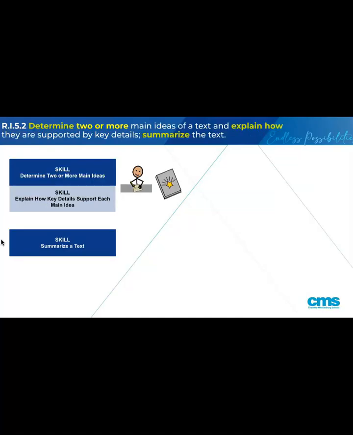Here's our standard at the top, and you'll notice that it's broken down into 3 skills, each needing explicit instruction. Skill 1, determine 2 or more main ideas of a text. Skill 2, explain how they're supported by key details. And skill 3, summarizing a text. What does that mean? When readers are reading their text, they come across a lot of details. In those details, key details will pop out.